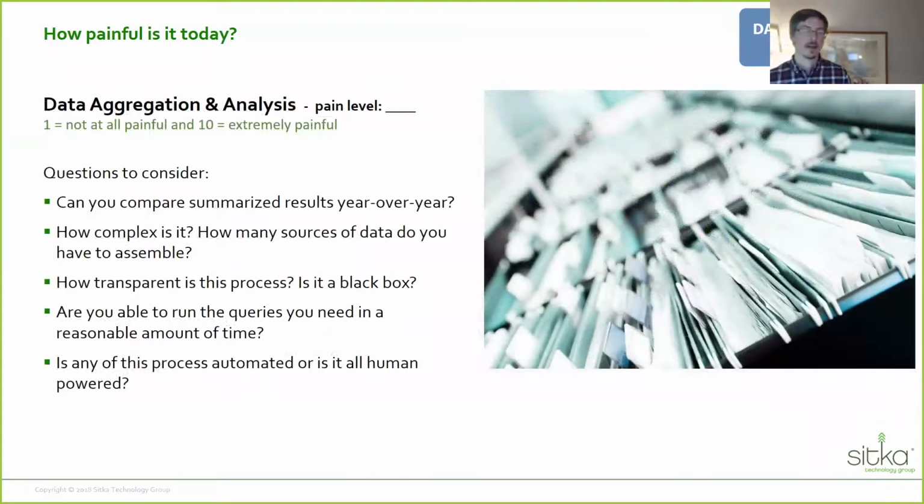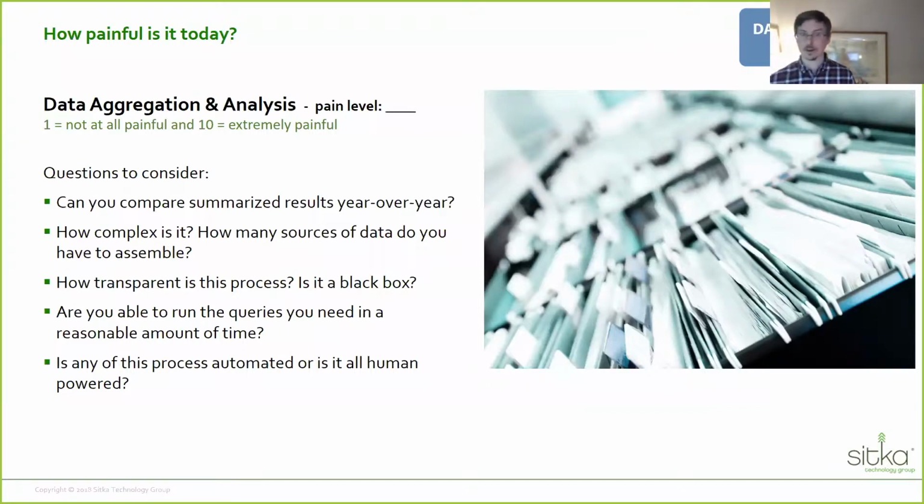The next area is data aggregation and analysis. This is about if you have ready access to your data for building reliable reports and providing information about your program. In the knowledge pyramid, this is about transforming data into information. Some examples of questions here are, can you compare summarized results year over year?